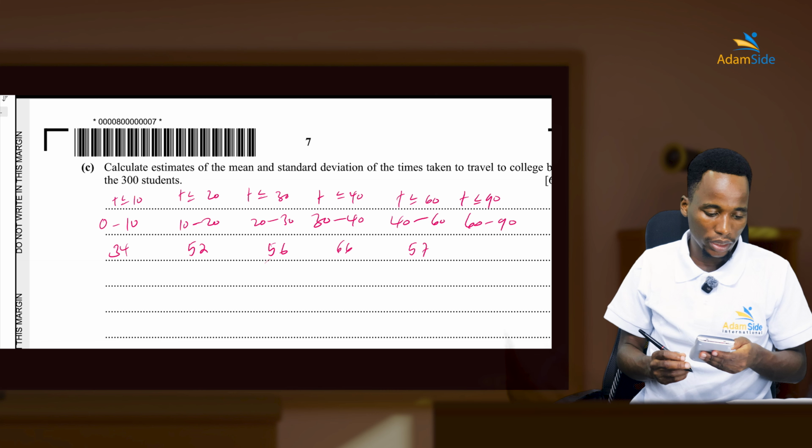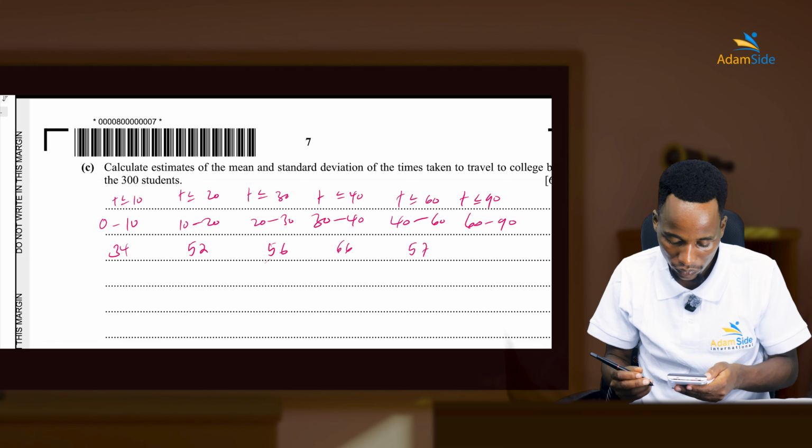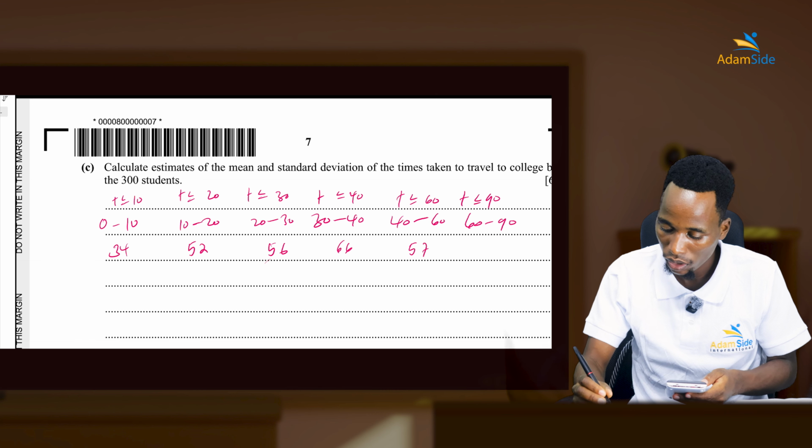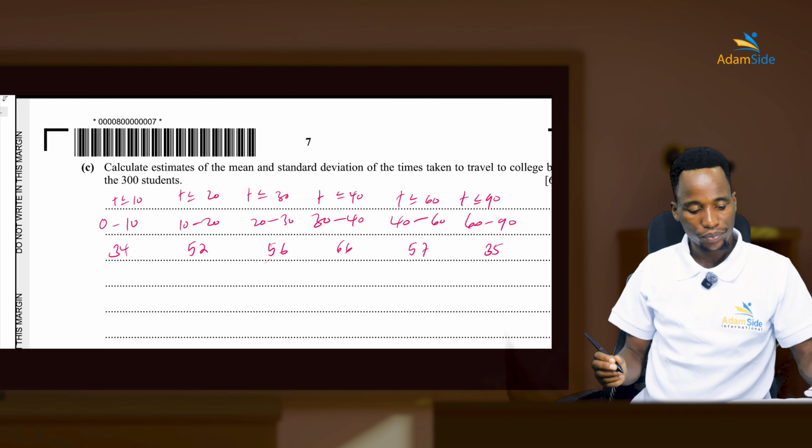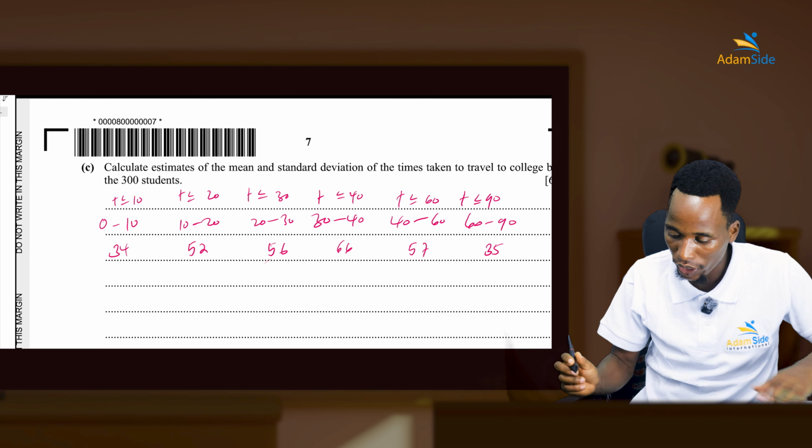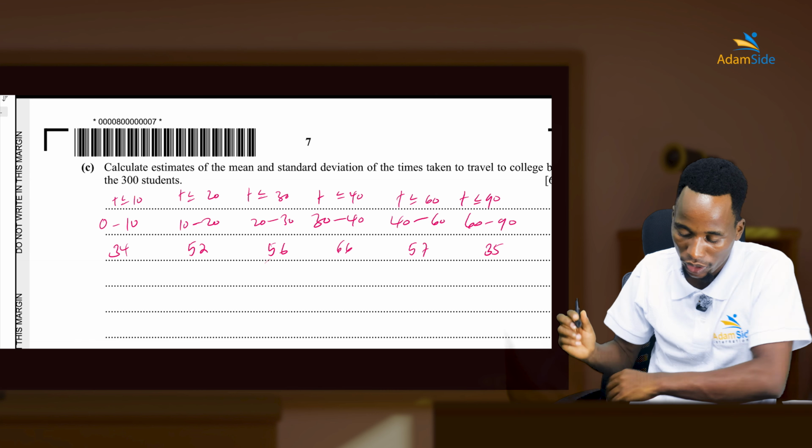And 300 minus 256 will be equal to 35. So from here now we can get our mean.